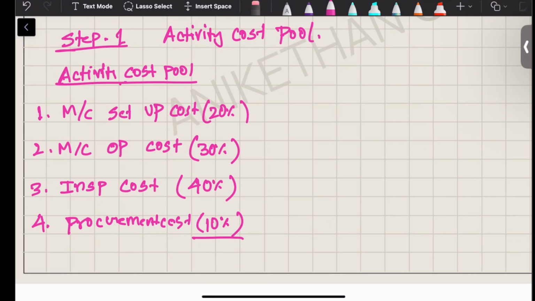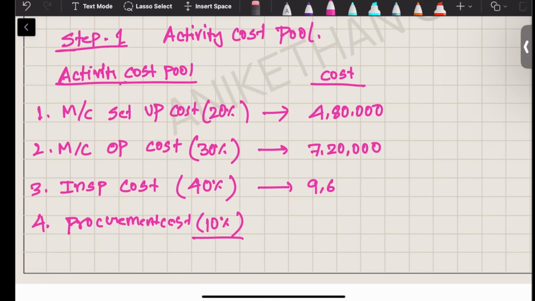So these totals will come out to be 24 lakh. Machine setup cost will be 4.8 lakh. Machine operation cost will be 7.2 lakh. Inspection is 9.6 lakh and procurement is 2.4 lakh. So total has to be 24 lakh.